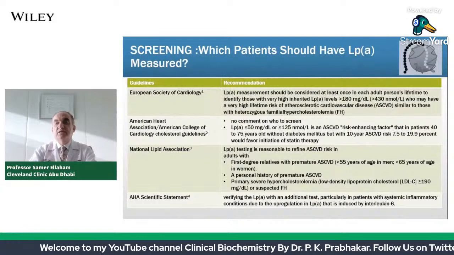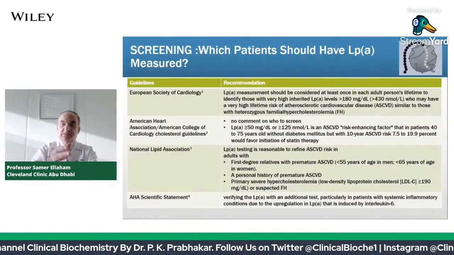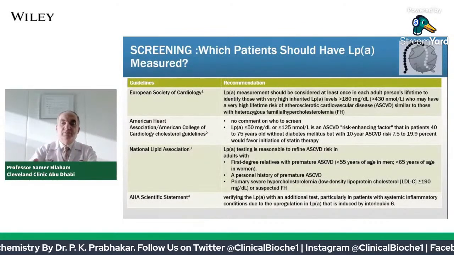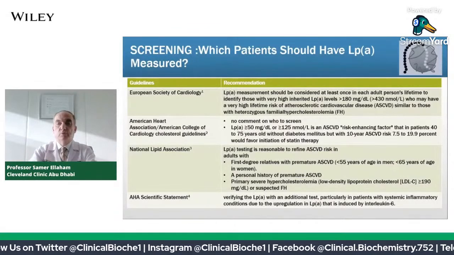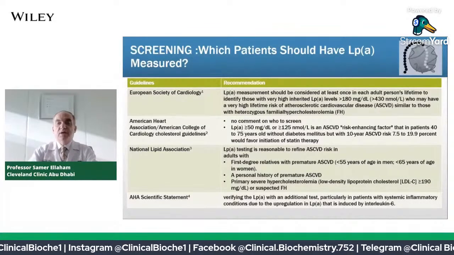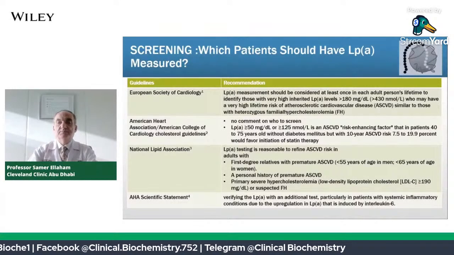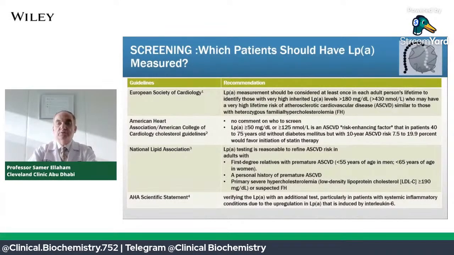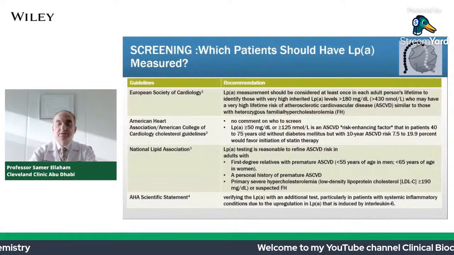The second thing is they define very high inherited Lp(a) as greater than 180 milligram per deciliter, or greater than 430 nanomole per liter. These would have what they call a very high lifetime risk of vascular disease, similar to those with heterozygous familial hypercholesterolemia. So that is message number one from the European Society.